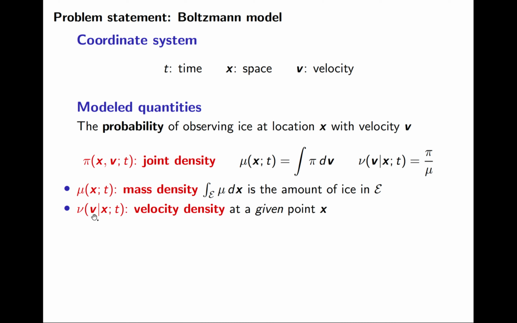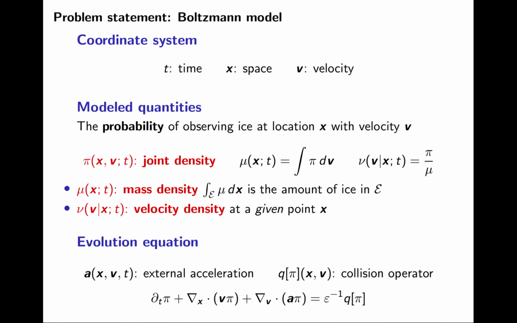So if the ice is at rest, this is a delta distribution at 0. The ice is just sitting there and there's no chance that it's moving at all. But if ice is moving around, or there's some uncertainty, this is basically the probability that ice at location x is moving at velocity v.